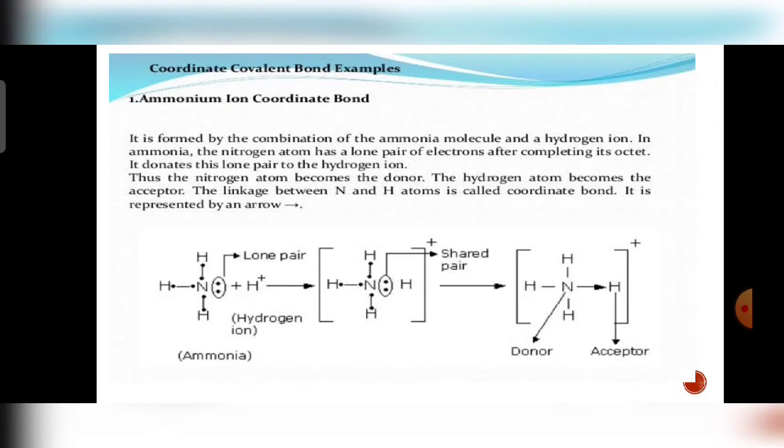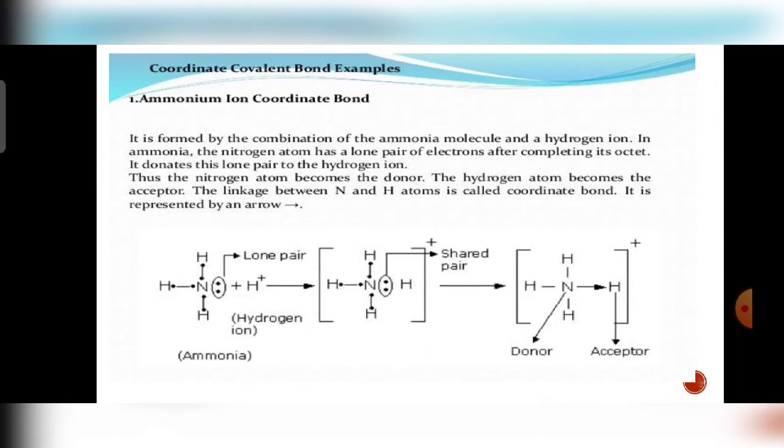We know that nitrogen has five electrons in its outer shell, of which it shares 3 electrons with hydrogen atoms, and it completes its octet. The lone pair present in ammonia will act as a donor.